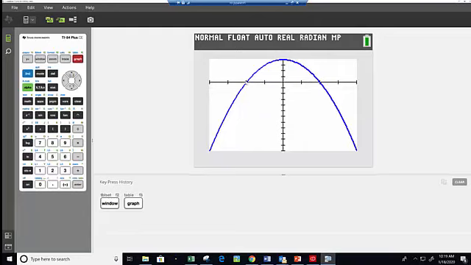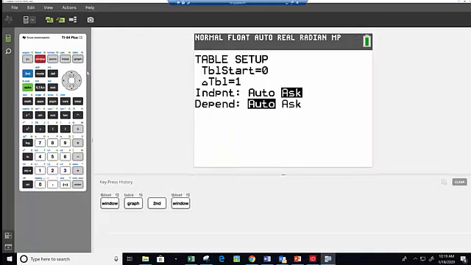Now, sometimes your functions aren't going to be quite so friendly to graph, and if that's the case, you might want to look at them more numerically. If you know where it's equal to 0, say 2 and negative 2, you can test points between the roots and see if the function changes signs. So for us, that would look like this. First, we'll start by making sure that our window settings are correct.